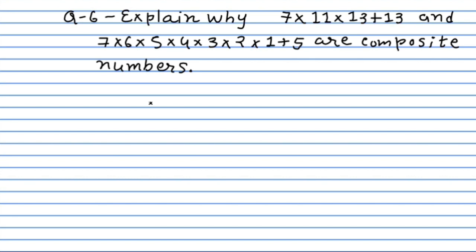Okay, here it is given: explain why 7 multiplied by 11 multiplied by 13 plus 13 and 7 multiplied by 6 multiplied by 5 multiplied by 4 multiplied by 3 multiplied by 2 multiplied by 1 plus 5 are composite numbers. So let us find the answer.